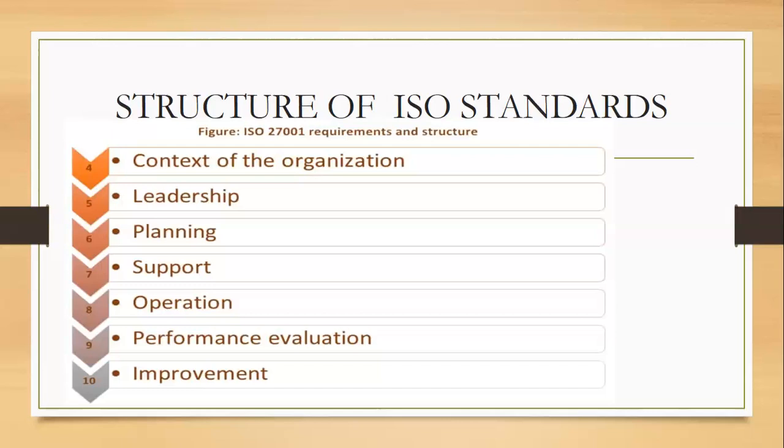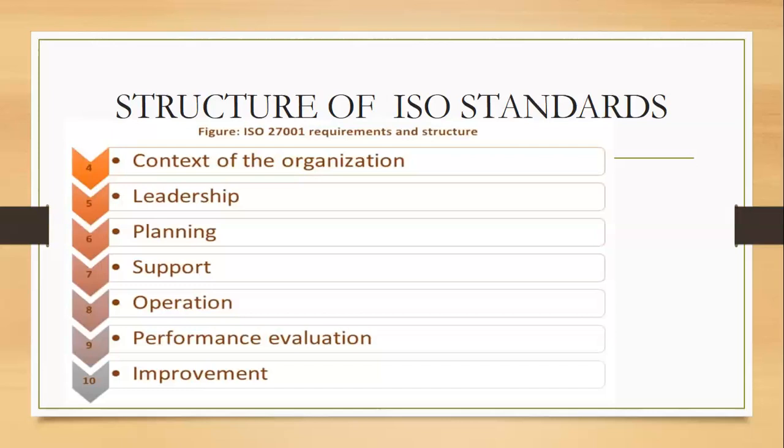So in summary, this is the standard mostly. This is also mapped to what we call PDCA, the Deming Circle: plan, do, check, act. The Deming Circle is named after Dr. Edward Deming, who created it, and it is basically used in quality management fields.